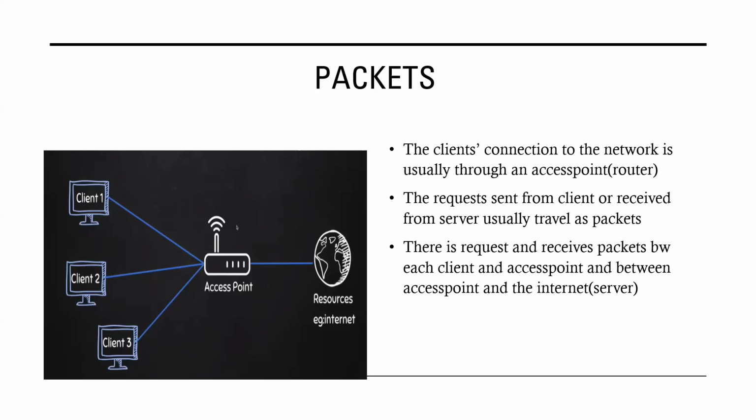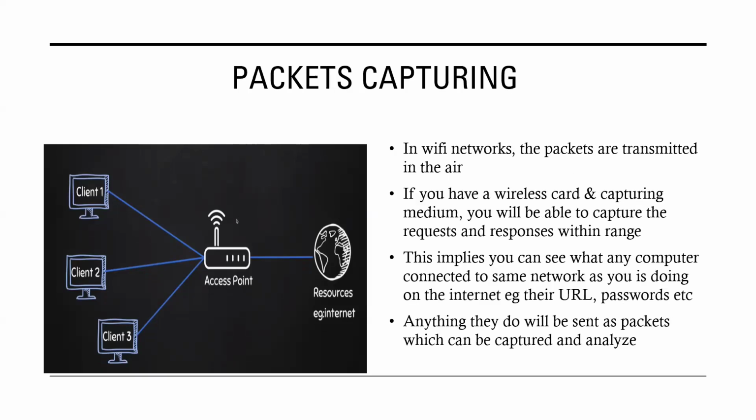So client one sends to the access point, which sends to the internet, which is the resource that will provide the information. The internet returns the requested packet to the access point. The access point now gives back that requested packet to client one. This is happening from client one to and fro. Client two is doing the same thing, sending and receiving packets. That's what it means. So if you have a question, please write it down and we'll go through.